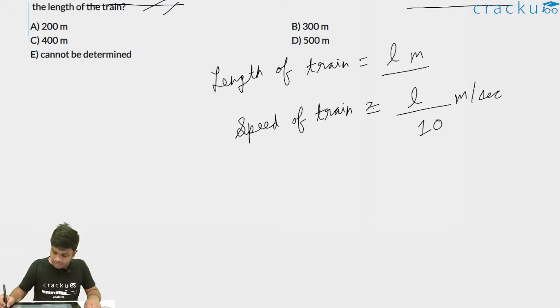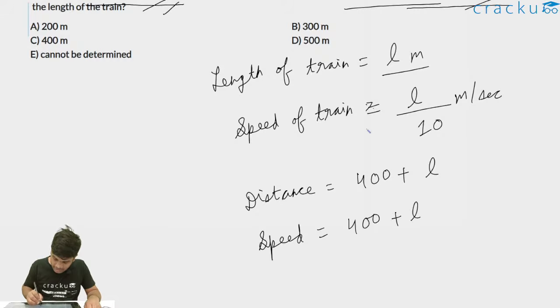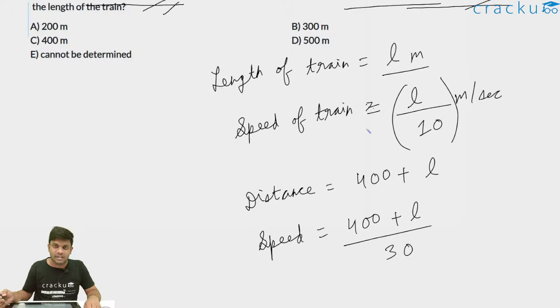Now again, the same train completely crossed a platform of length 400 meters. So the distance traveled by the train is 400 plus L, and the time is 30 seconds. So the speed will be 400 plus L divided by 30. This is the speed of the train from the second case, and the earlier one is the speed from the first case.